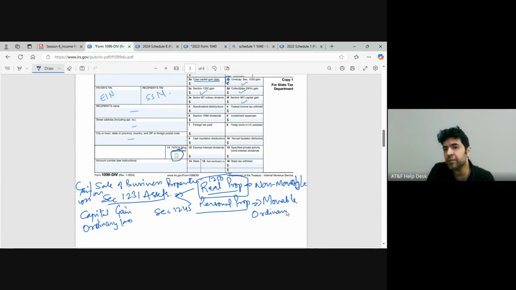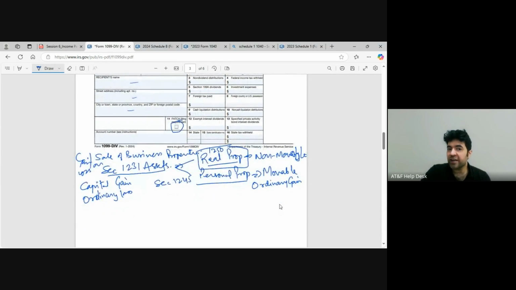That means it will be taxed at your slab rate, not at the capital gain rate. Okay. Now, how to identify whether whatever asset you have sold, whether it is 1250 gain or 1231 gain. So whatever gain you are having, you have to bifurcate between these two.